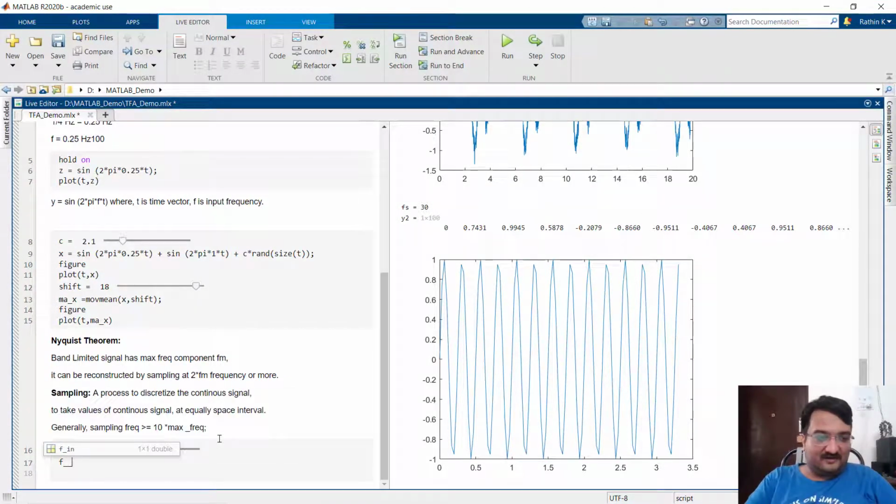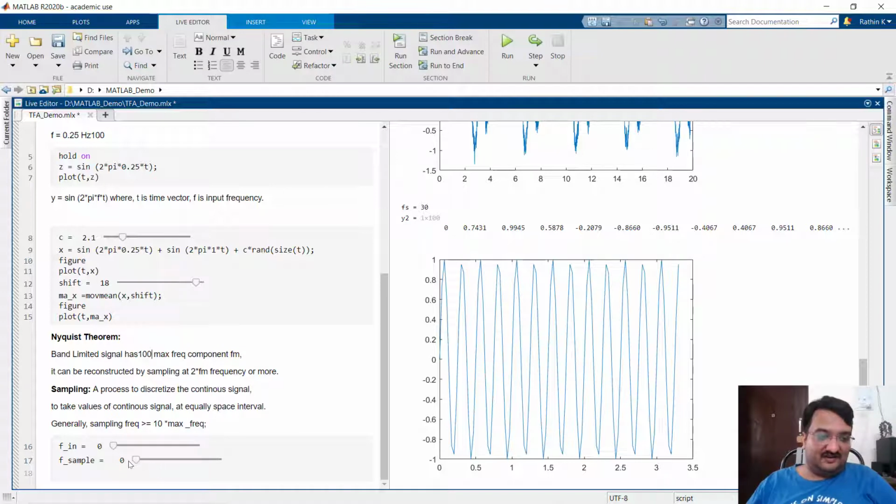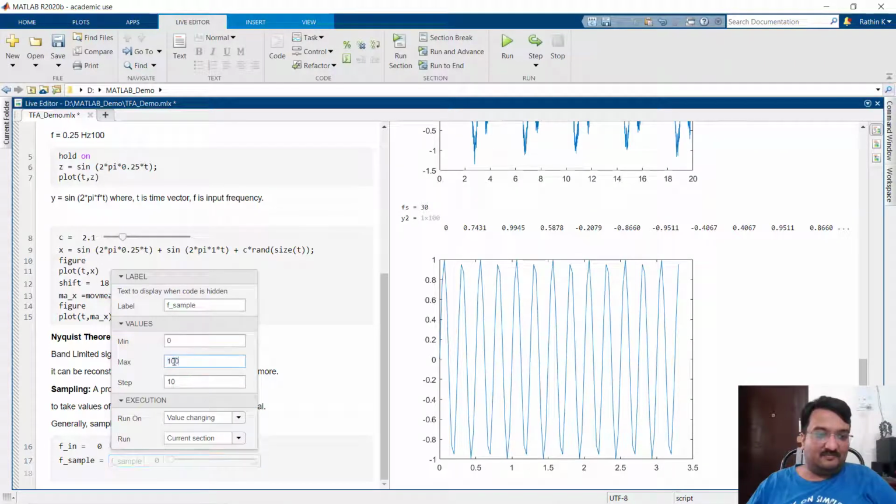Here again I'm repeating: input frequency is the frequency of your signal, and sampling frequency is the frequency at which you are sampling that signal. Again we'll put a control slider. Earlier we kept the input frequency 0 to 20, but to illustrate the other thing, we'll keep the maximum sampling frequency as 200.